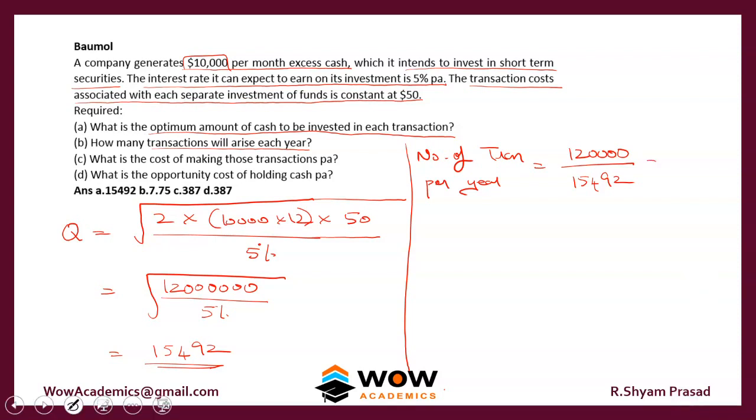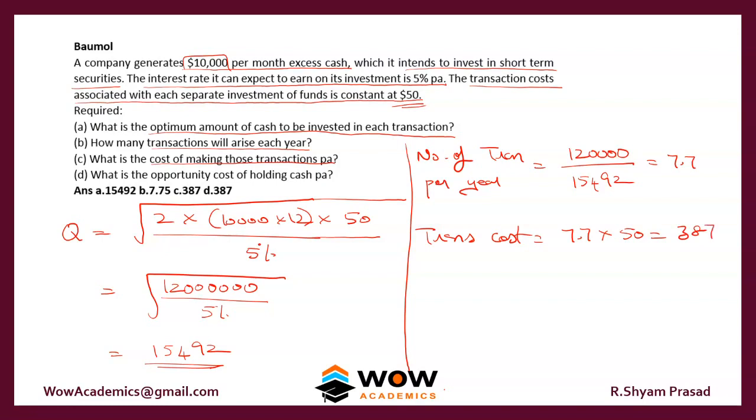That gives us 7.7 transactions per year. So that's the second one. What is the cost of making those transactions? So there are 7.7 transactions that we have to make, and each transaction has a cost of 50. So multiply by 50.